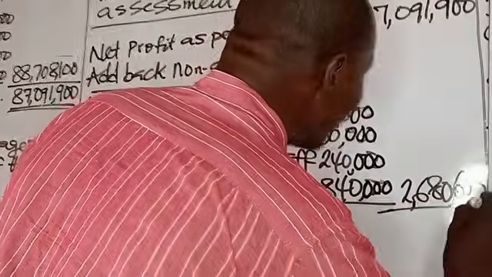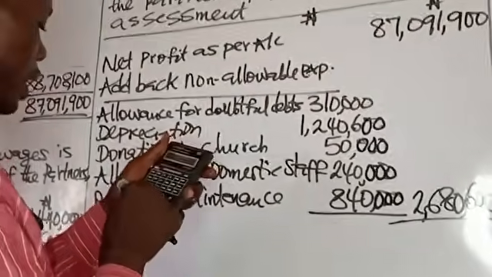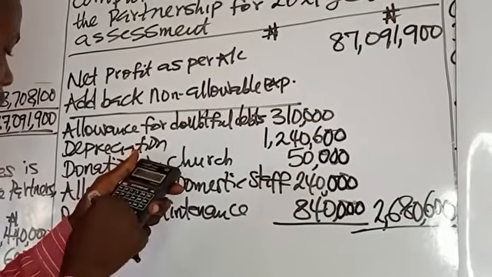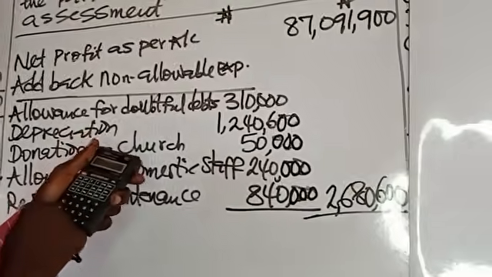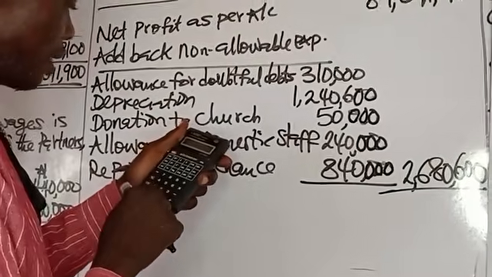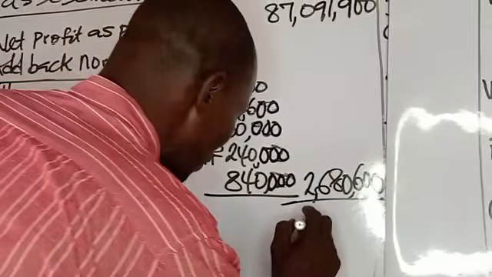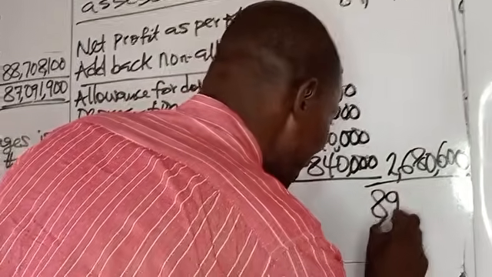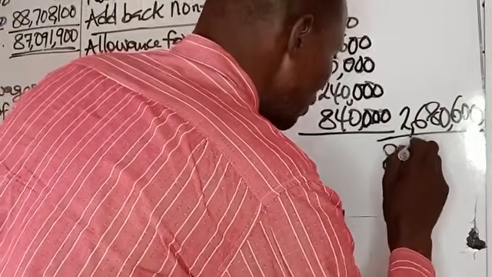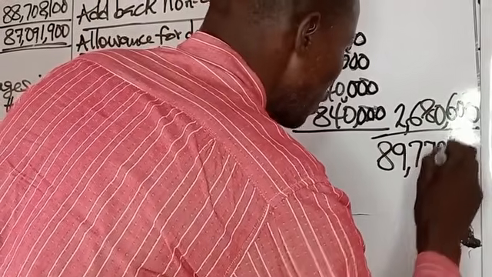So if you add it to the net profit as per account, 87,091,900, then we have the adjusted profit to be 89,772,500.